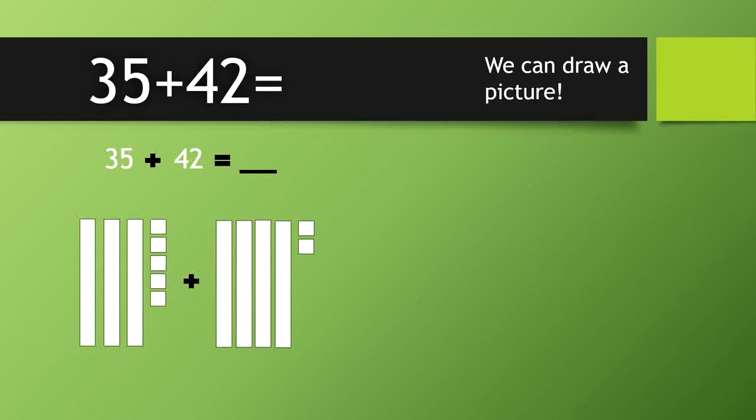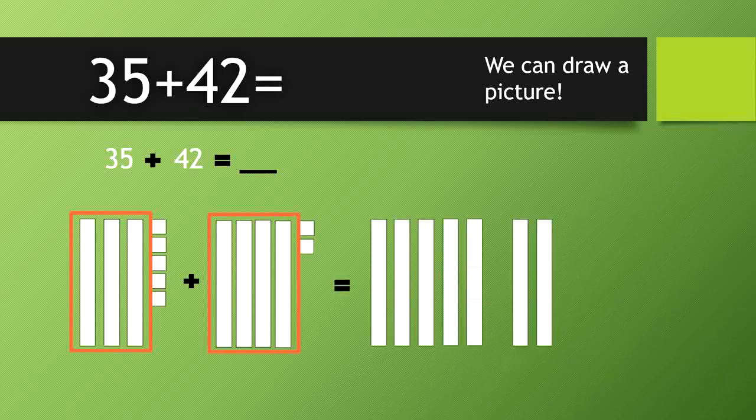Now let's just combine our tens. 3 tens plus 4 tens is going to equal 7 tens. Notice how I spaced them out into 5 groups. I did 5 of my tens first, then a space, and 2 more to make it very easy to tell that there are 7 tens.